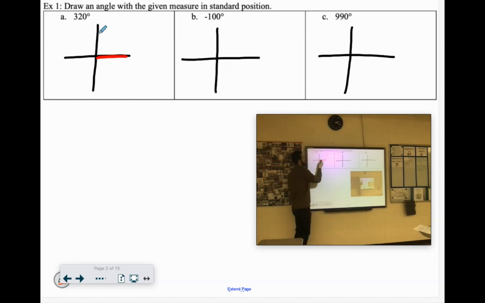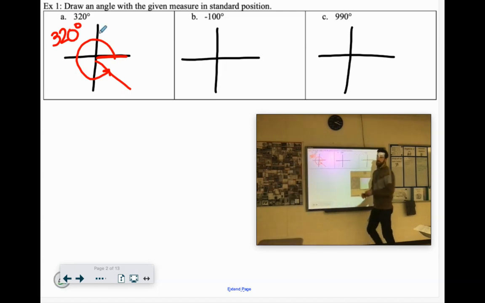So 320 degrees, this would be 180, 270. A full circle would be 360, so it's going to be a little bit before that. So if this is 270 and I need 320, it would have to be 50 degrees past that. So this would be our 320 degree angle.